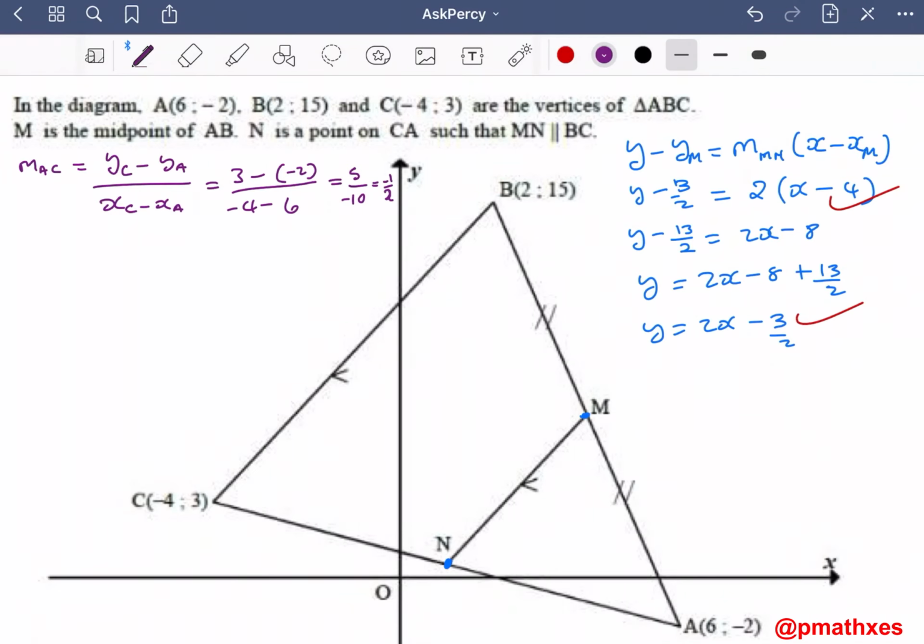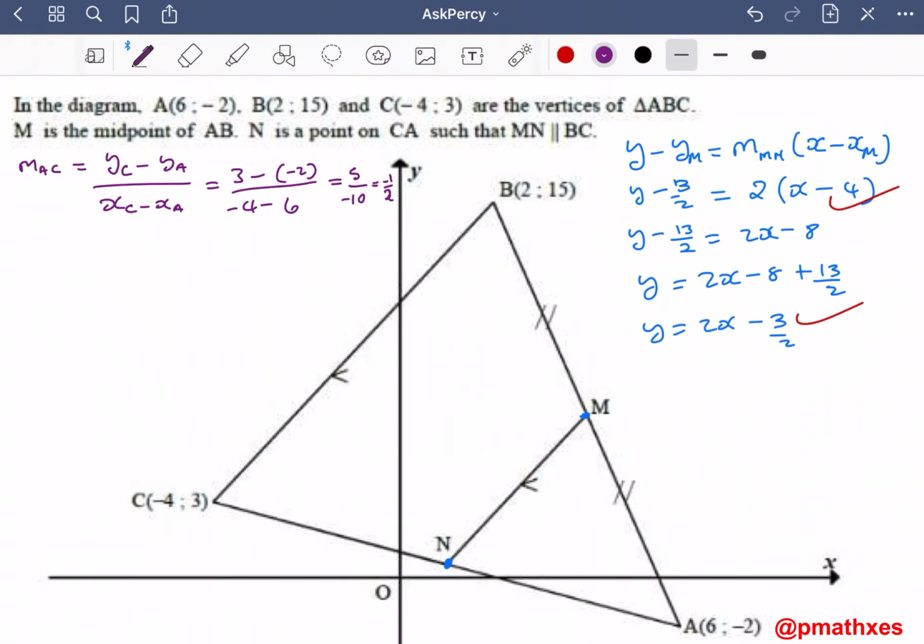Now from here, we know from previous notes the gradient, and we know the point. You can pick any of these two points. What I'm going to do is pick this point. I want you to use this point and see if we're getting the same answer. So remember, this is the formula we're going to use.